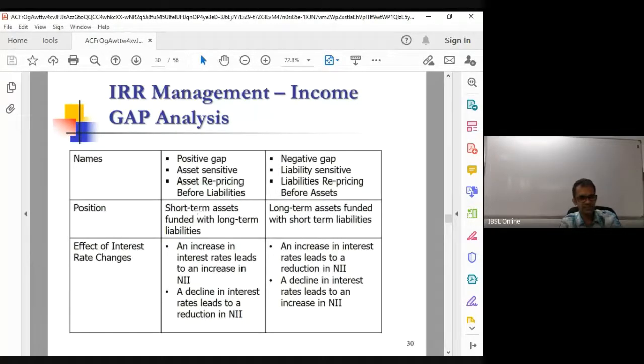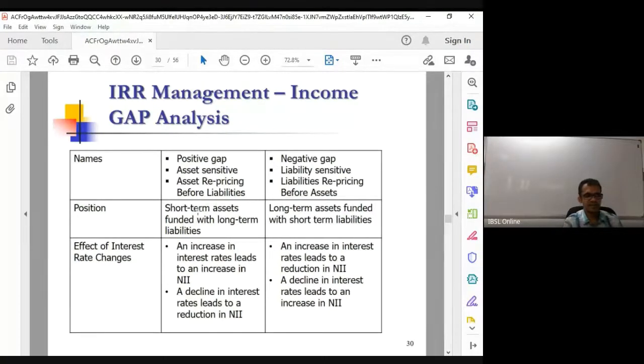So our interest income declines, therefore net interest income also declines, unless we can reduce the interest expense on the liabilities. But here we just assume liability expense remains constant, but the interest income changes. Especially when you have a positive gap, that is what is happening.